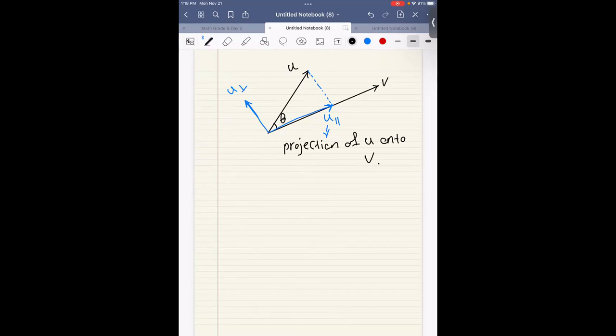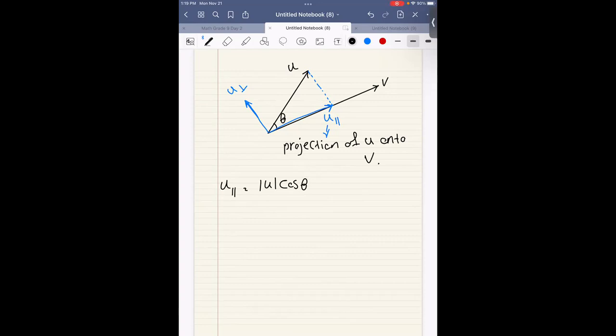Okay, so how to find the projection of u, or u parallel and u perpendicular? Here is the formula. u parallel is basically the magnitude of u times cosine theta times the direction of v.